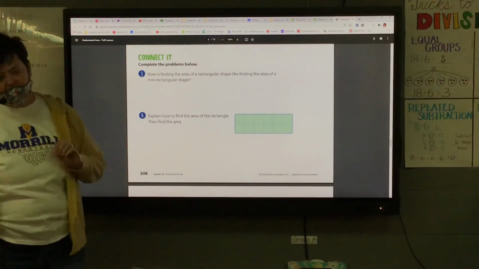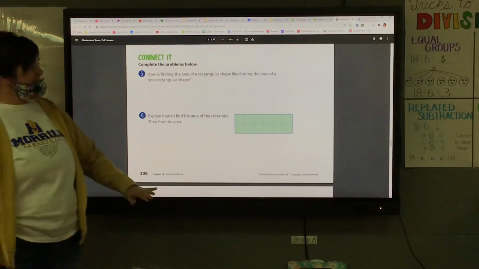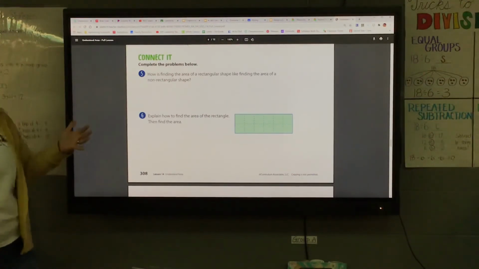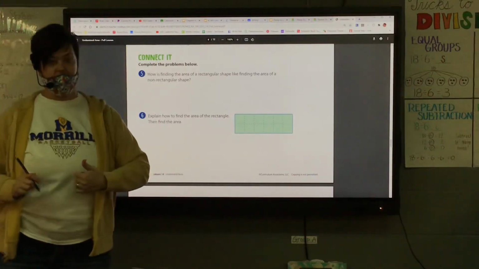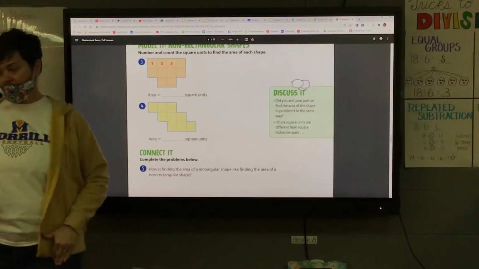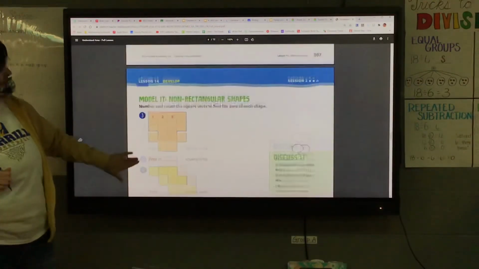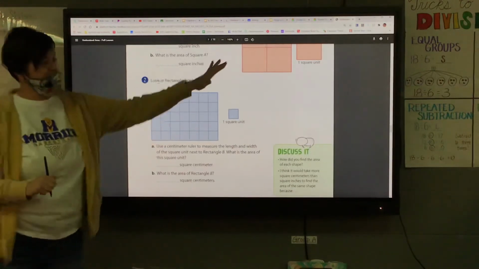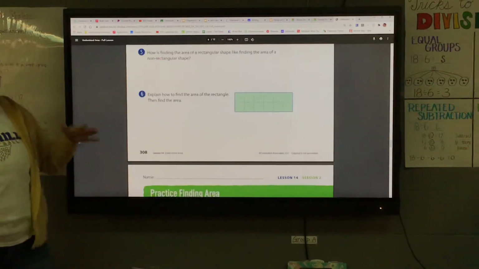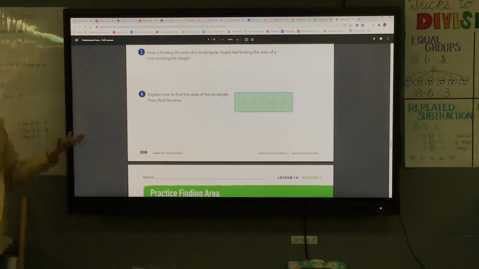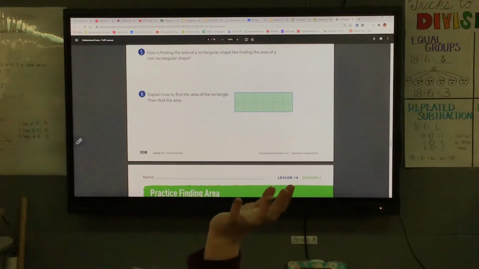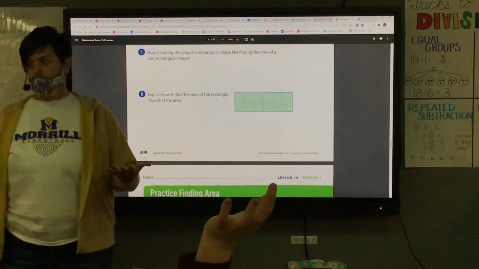Let's look at 5 and 6. How is finding the area of a rectangular shape like finding the area of a non-rectangular shape? So these were our non-rectangular shapes, like the rug, and those are rectangular shapes. How is finding the area of both of those the same? What did we do on each one of those?